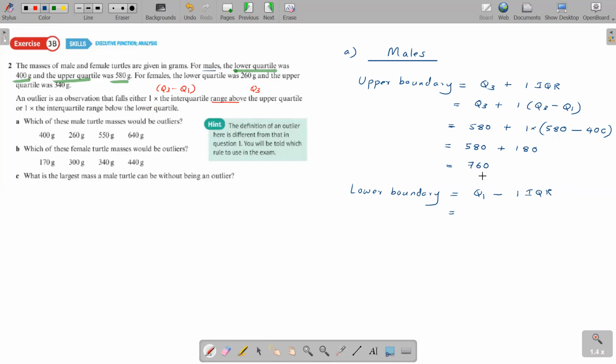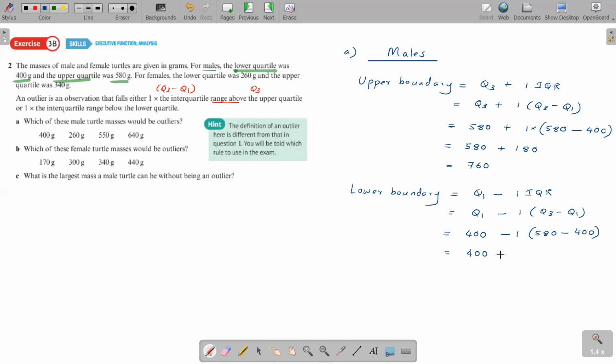Lower quartile Q1 is 400, minus 1 times the interquartile range (Q3 minus Q1). Q3 is 580, Q1 is 400.